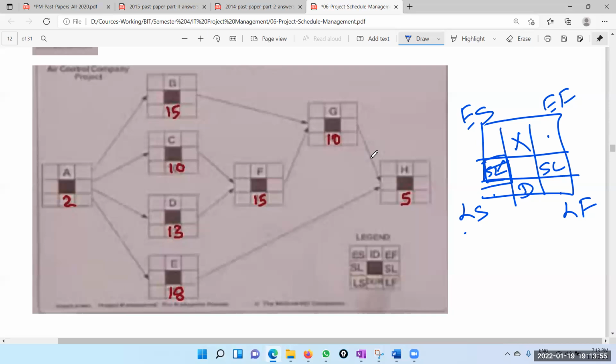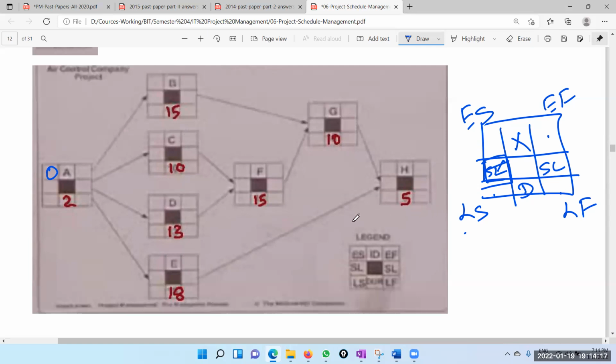So again we start with 0 as the earliest start. If you want, you can start with 1, but most of the time the convention is to start with 0. Right. So in the forward pass, we are going to fill the upper values, earliest start and earliest finish.